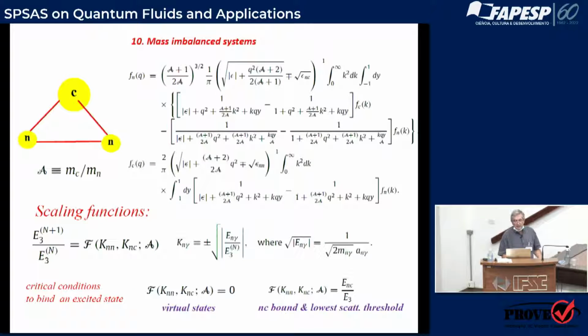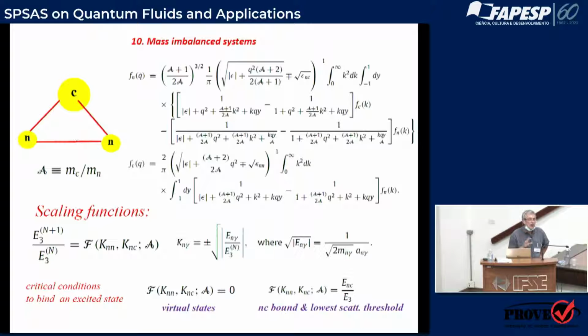Okay, now mass-imbalanced systems. I'll just be very brief. So this is an example. This is also seen in traps. For example, the Heidelberg group has seen it in a mixture of lithium and cesium. And indeed, when you have, for example, two heavy and one light, you can have Efimov states that are very close.